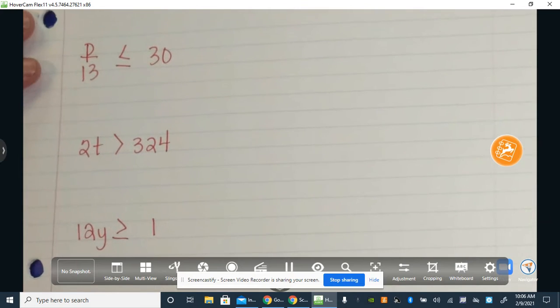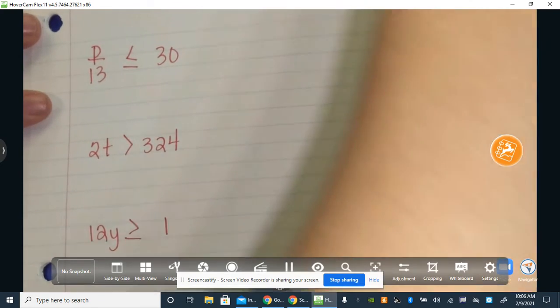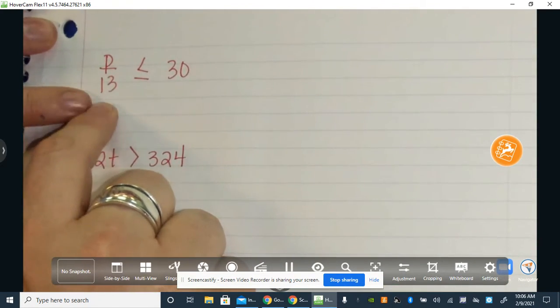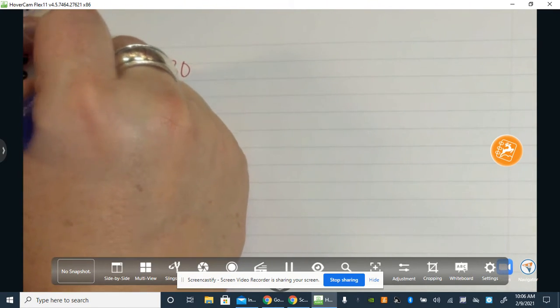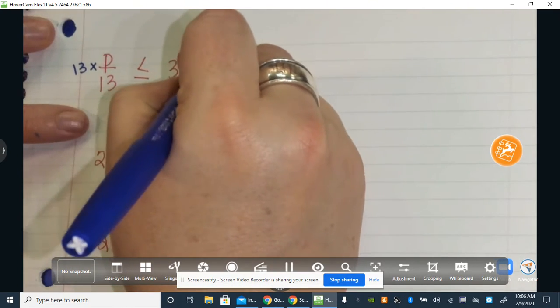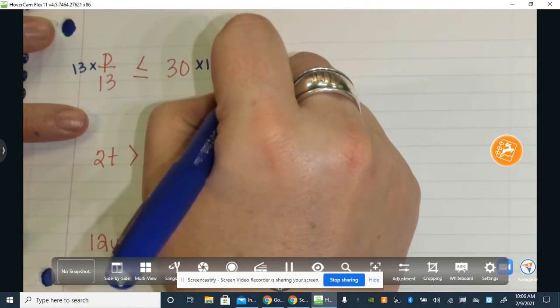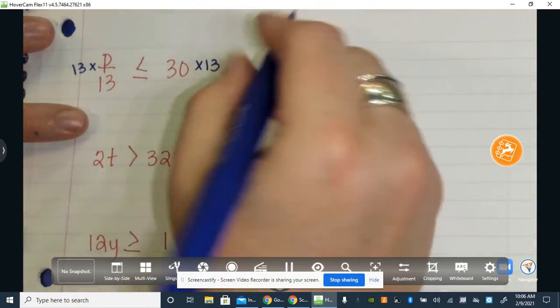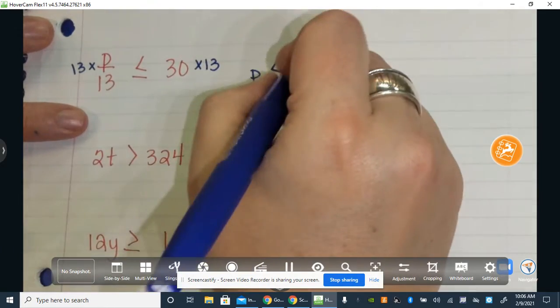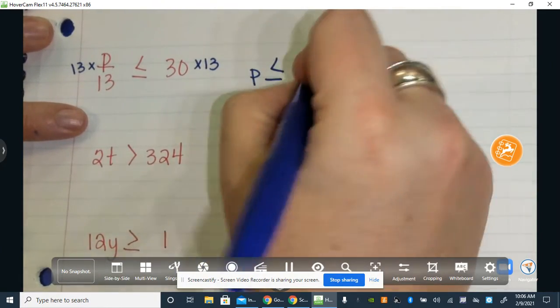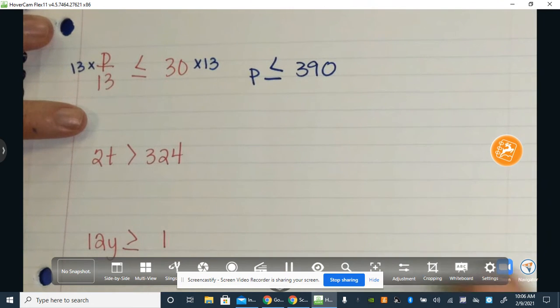All right, so looking here, we show a division problem, so I need to break that up by multiplying. So I'm going to multiply each side by 13, multiply each side by 13. So then I'm left with P, symbol stays the same, is greater than or equal to, well, 30 times 13 gives me 390.